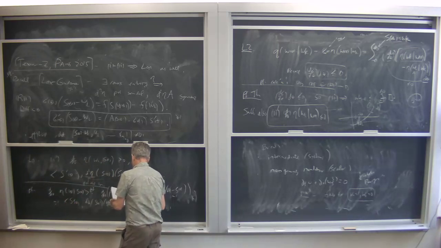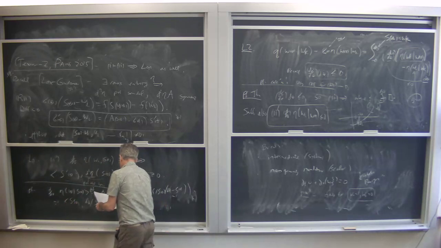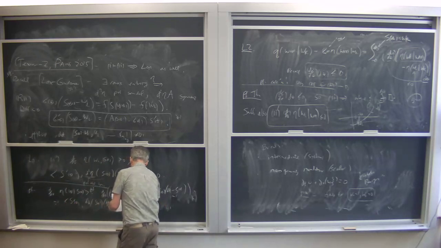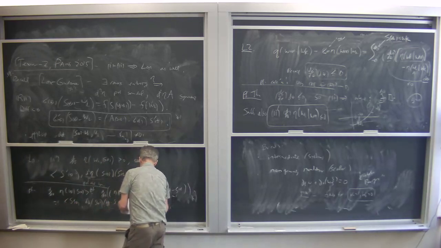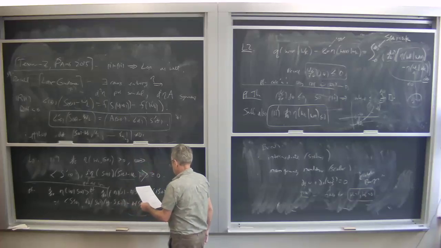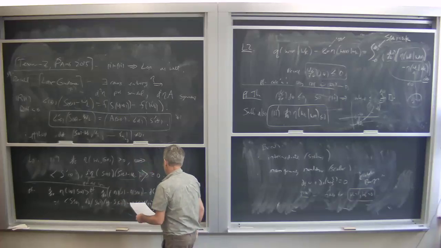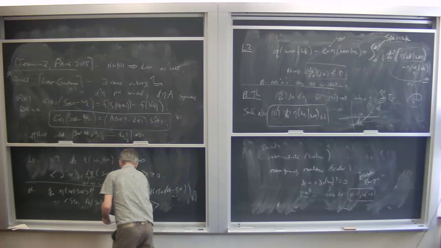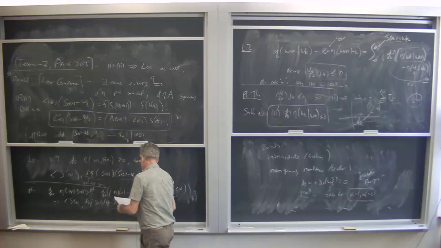Let's see where it is. So minus d eta of S of theta, S prime of theta.